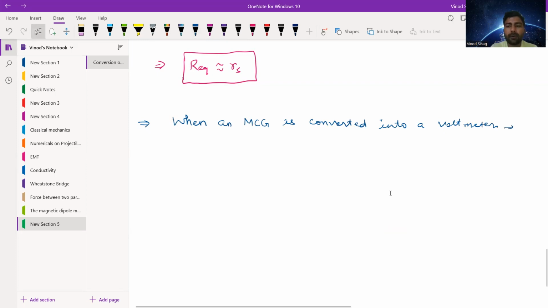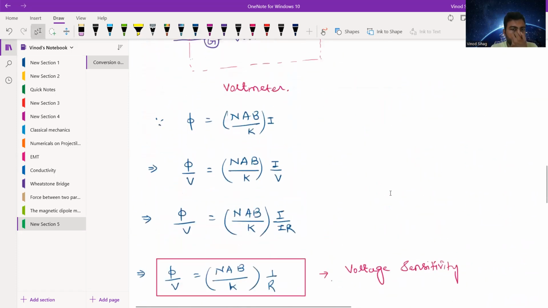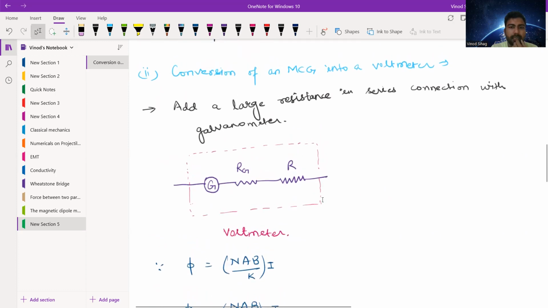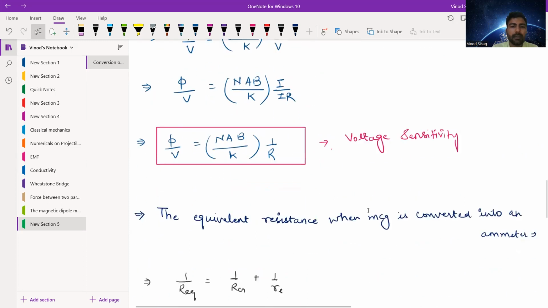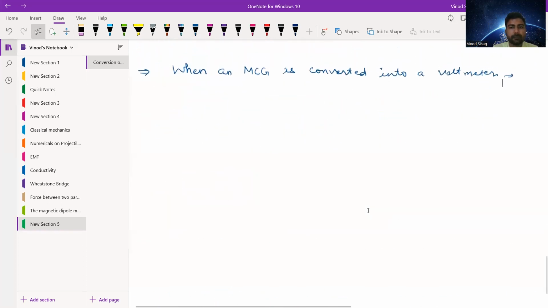We know that in the case of a voltmeter, we connect one large resistance in series with the resistance of the galvanometer. So here the equivalent resistance, R equivalent, will be nothing but Rg plus R. So this will be the net resistance here.